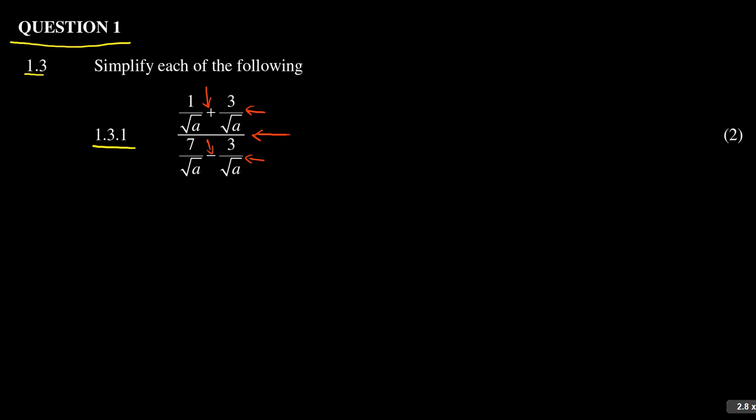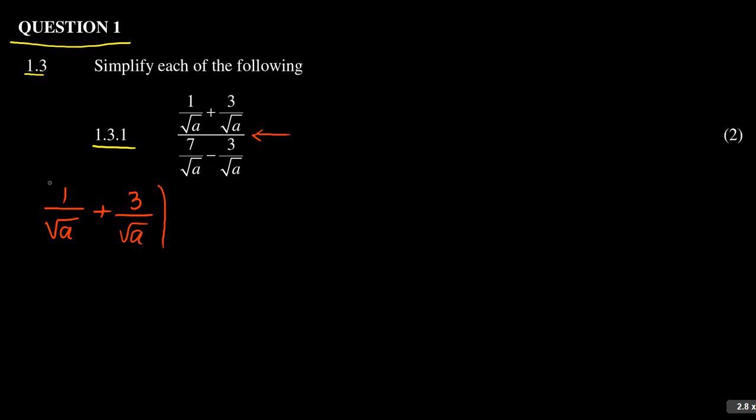The best thing to do is to ignore this division and focus on this particular division I'm saying. In other words, you are going to rewrite this as 1 over square root of a plus 3 over square root of a.